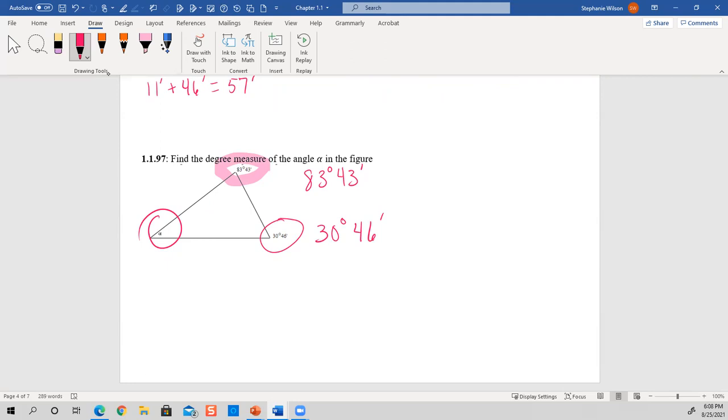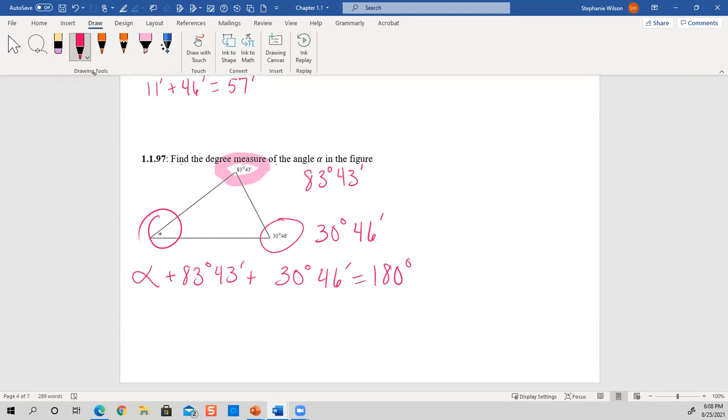So I'm gonna take my alpha, plus the 83 degrees, 43 minutes, plus the 30 degrees, 46 minutes, and it's gonna equal 180 degrees.